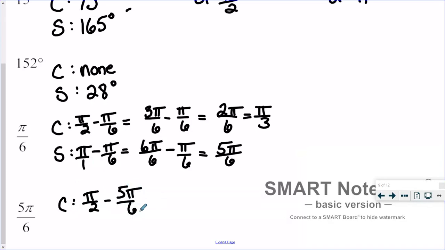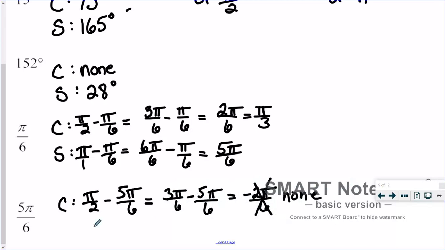So to find our complement, we do pi over 2 minus our angle. We're going to have to get a common denominator again, so we will get 3 pi over 6 minus 5 pi over 6. Now this will give us a negative, which we can't have, so we would just say there is no complement.